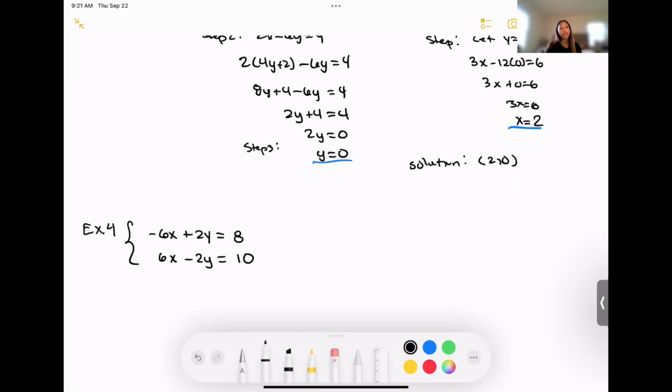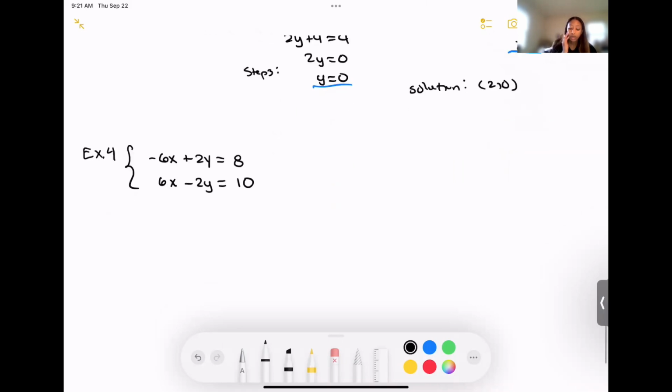That should work. All right. When we try to solve this system using substitution, let's use the first equation to solve for, it might be easier to solve for y. So negative 6x plus 2y equals 8. That gives us 2y is equal to 6x plus 8. And then y would be equal to 3x plus 4.